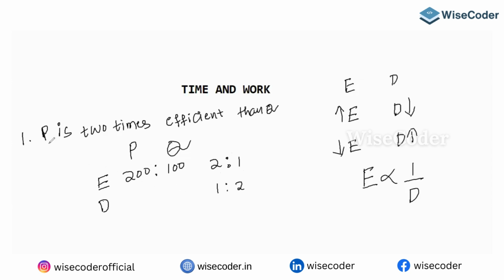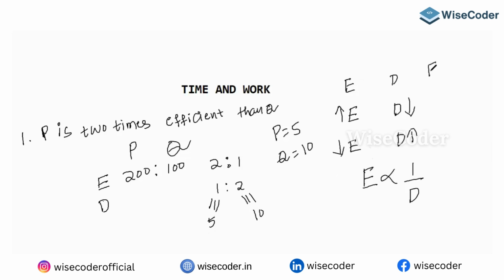Let's take, P is 2 times as efficient than Q. And again he's saying if P is taking 5 days, then Q will take how many days? Obviously 10 days. Yes or no? Why? Guys, look at here. So one part which is equal to 5 days, then two parts which is equal to what? 10 days. I want to tell you one thing. Efficiency is always inversely proportional to number of days.